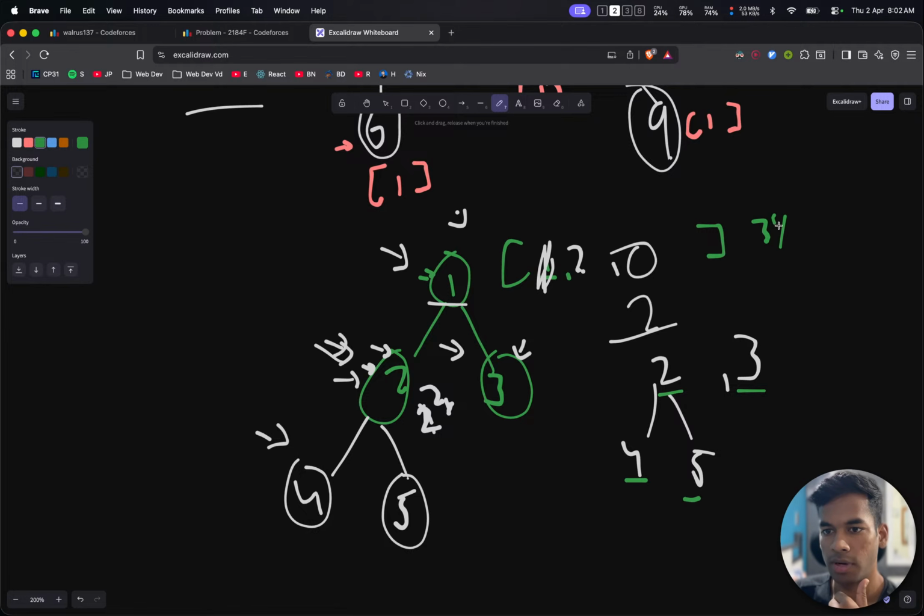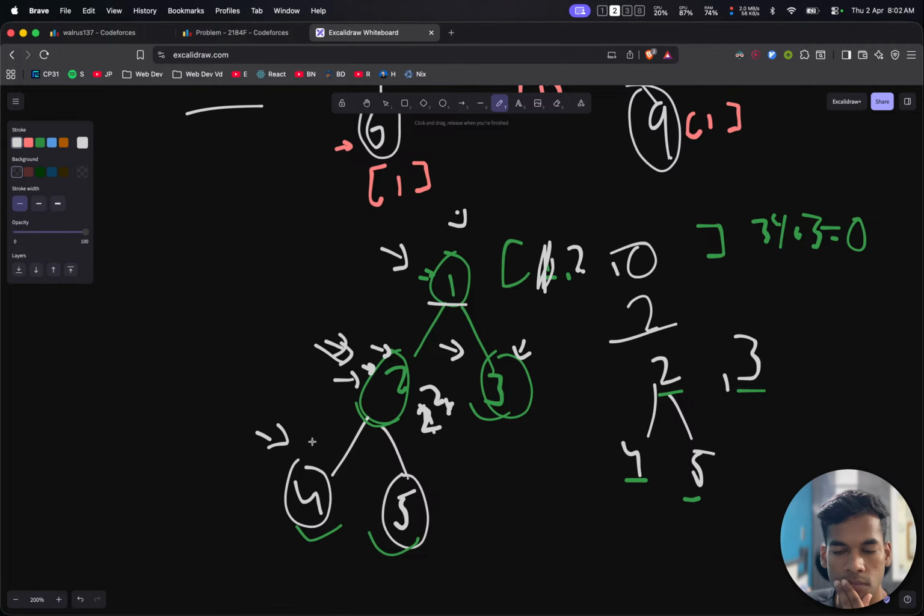And if we were to take its remainder with 3, it means 0. Therefore, 2 plus 2 is 0.